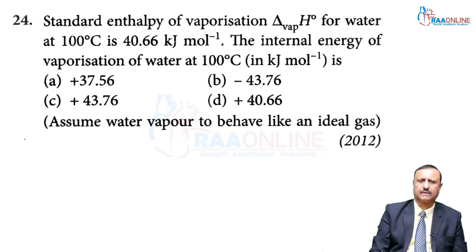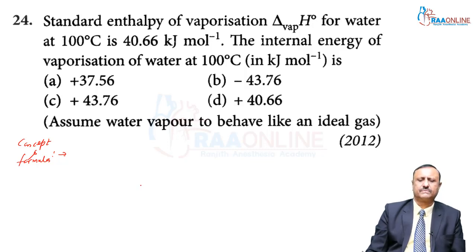Here, what is the concept and formula? Here, my dear students, we can see delta vaporization H degree is equal to 40.66 kilojoule per mole.